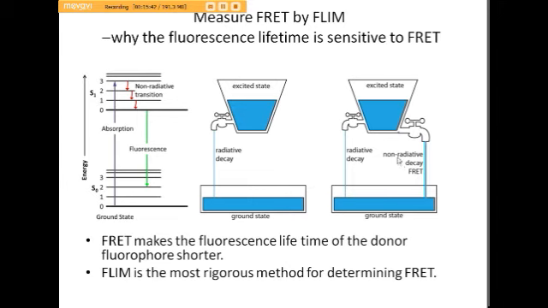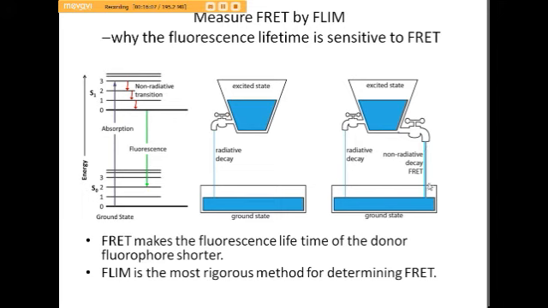FRET is a type of non-radiative decay. Once this fluorophore establishes FRET with the acceptor fluorophore, this will make the excited state return to the ground state faster. So here you have one tap to drain it. FRET is as if another tap.